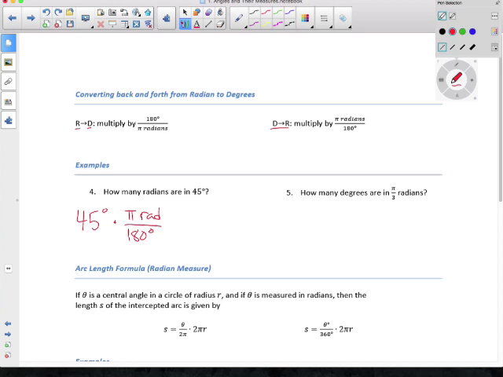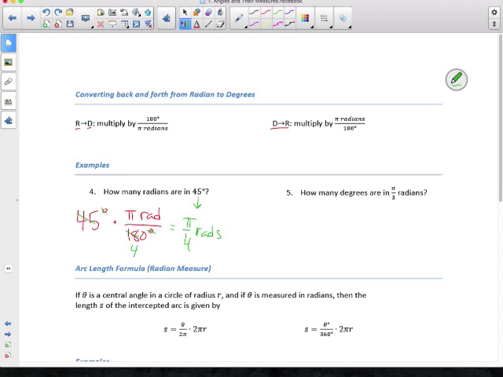Because what will happen is my units of degrees cancel. And so what I'm left with now is 45 divided by 180. So pretty sure that 45 goes into 180 four times, and I'm left with pi over 4 radians. So 45 degrees is equal to pi over 4 radians.